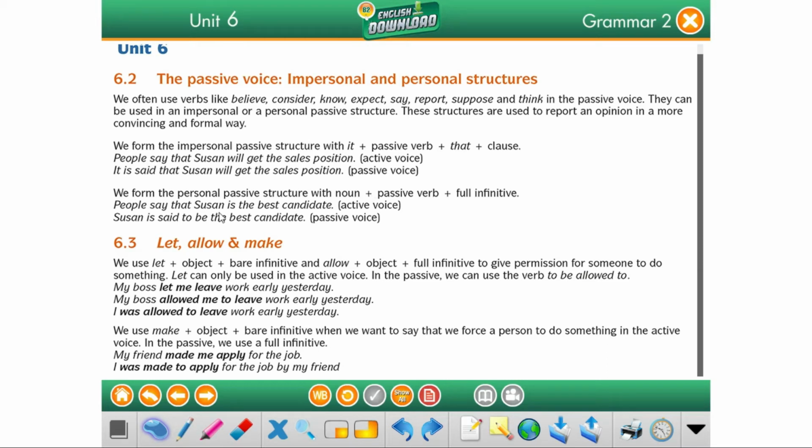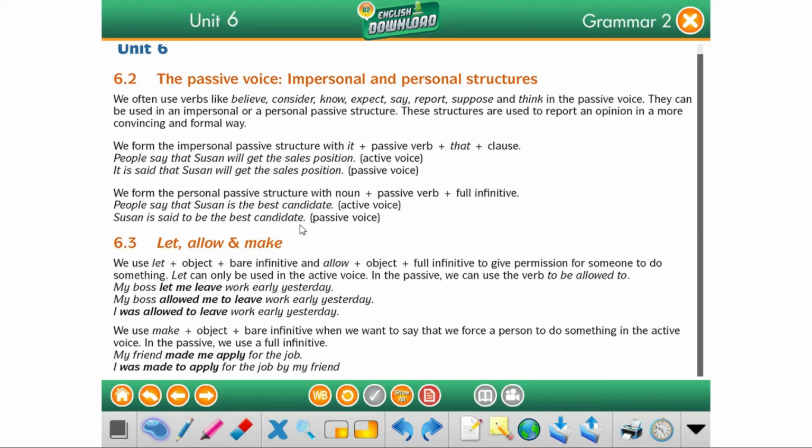What's my noun? Here it is Susan. Why Susan? Because the sentence starts with people say that Susan. So people is my subject, say is the verb, and Susan is the object, so it is a noun. So we start with my noun, Susan, verb to be, said, and the rest of the sentence.